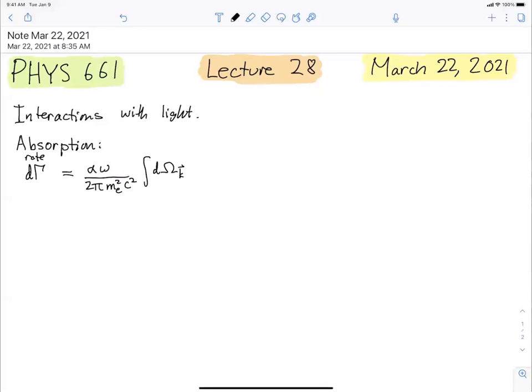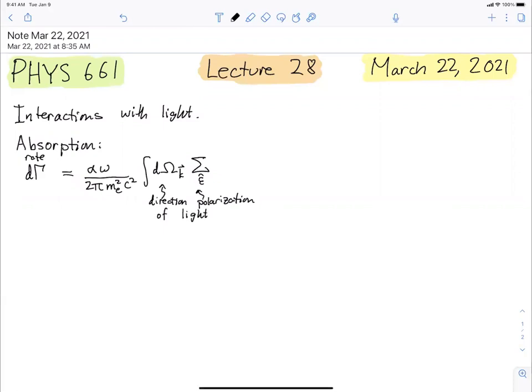We're integrating over the direction of the photon and then summing over its polarization. So this integral is over the direction, and this sum is the polarization of the light.